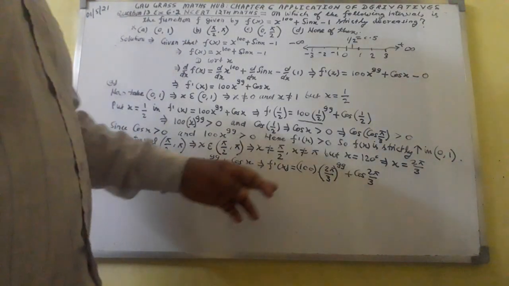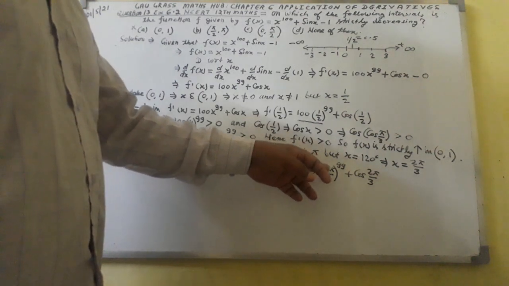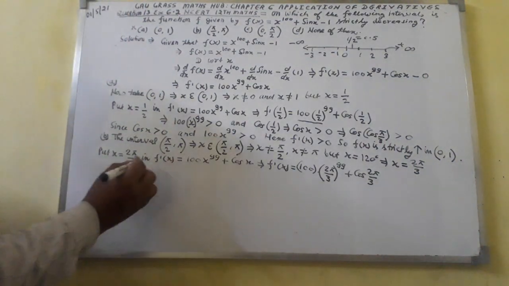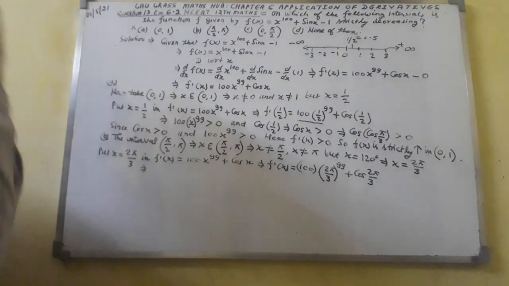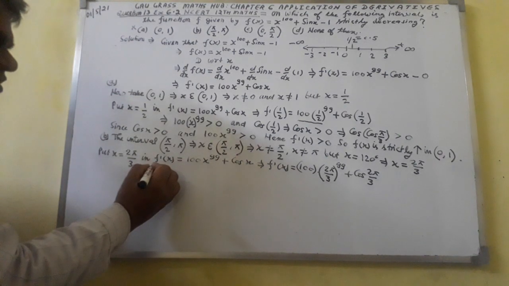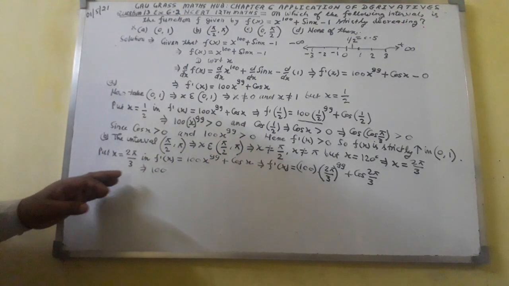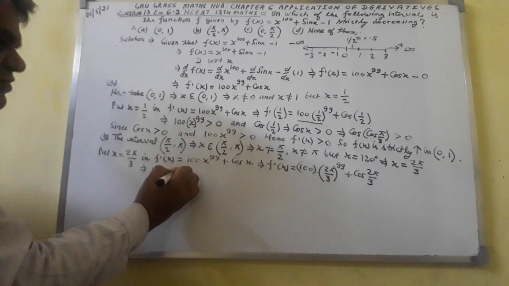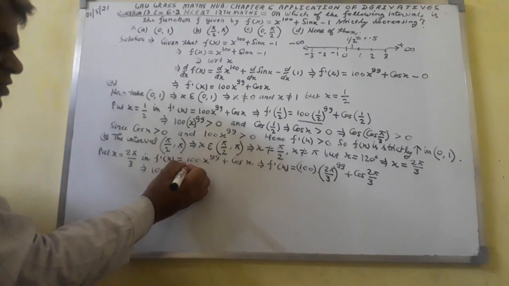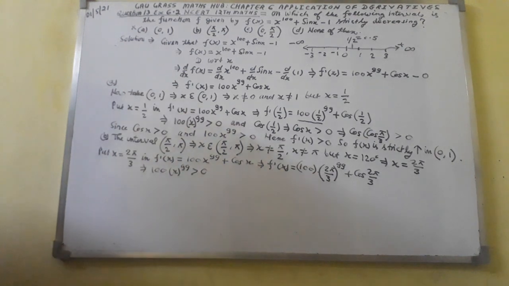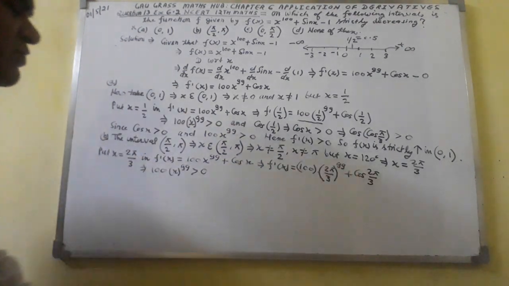So here you can see this term 100 multiplied by 2 pi by 3 raised to the power 99. So here again I have got, implies that, 100 x raised to the power 99 but naturally greater than 0. This thing. And now think over this one.